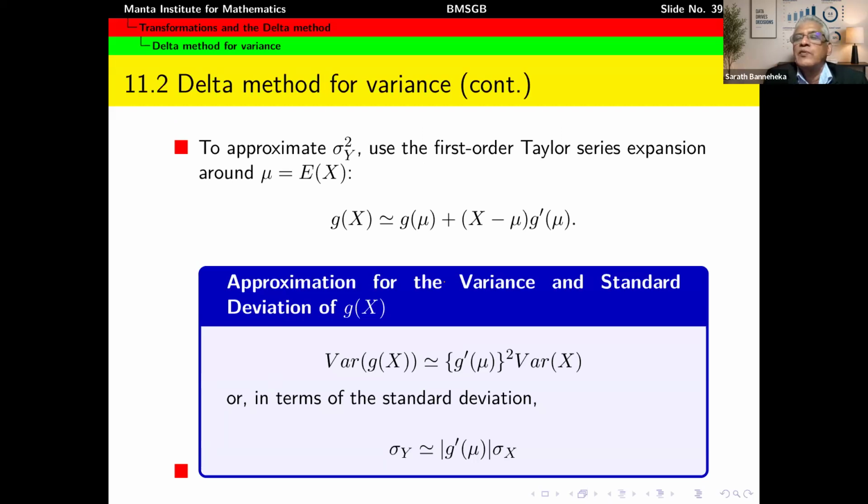So excluding that kind of special distributions for which the mean and the variance don't exist, for all other random variables where the mean and the variance exist, this result can be used regardless of the actual distribution. As long as we know an expression for the variance of x, we can get this approximation for the variance of g(x).